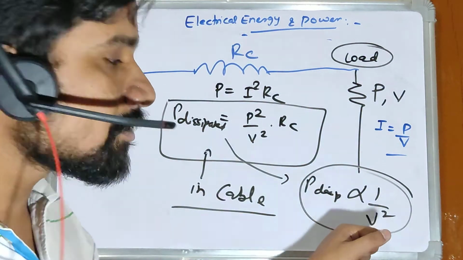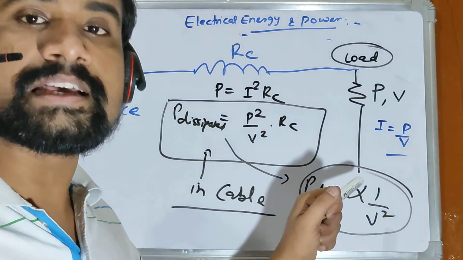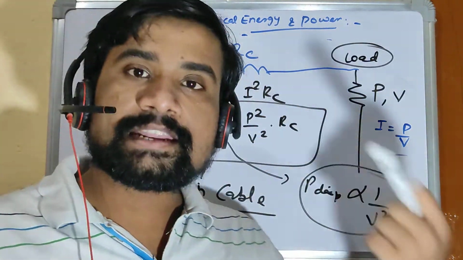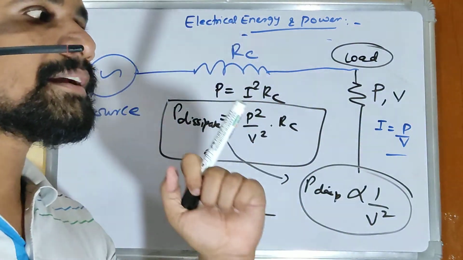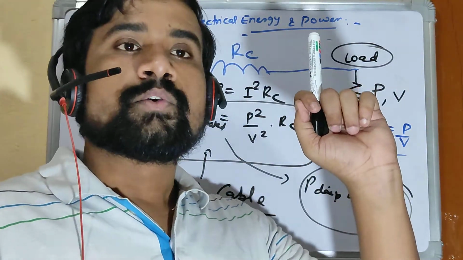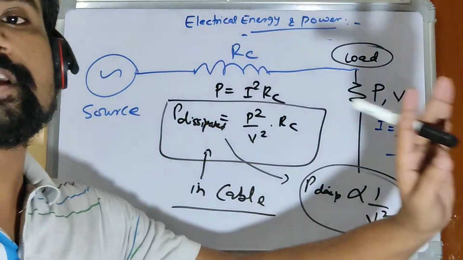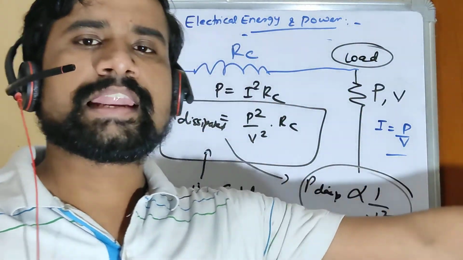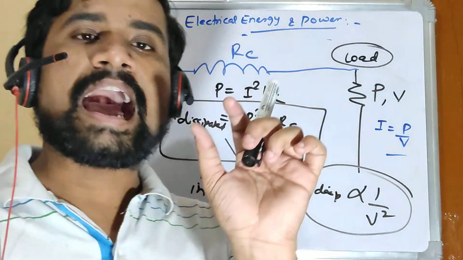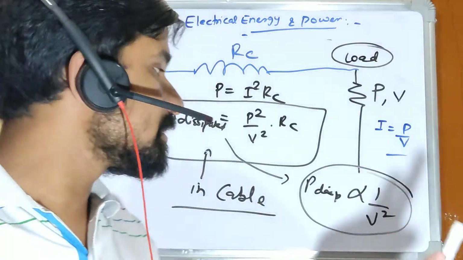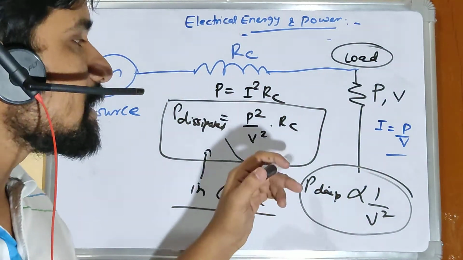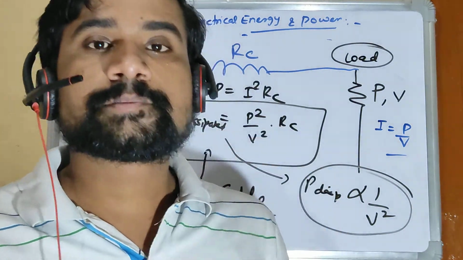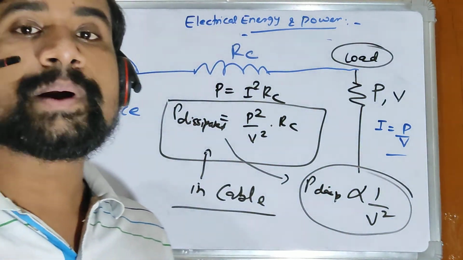If I do it at a higher voltage, I'll be dissipating less power, less energy, and I can have better efficiency. So you would have seen that transmission lines are written with danger 11 kV, some 33 kV like that. The intention of that high voltage, 11,000 volt and so on, is to reduce the dissipation of power in the transmission line, right? And so to better our efficiency.